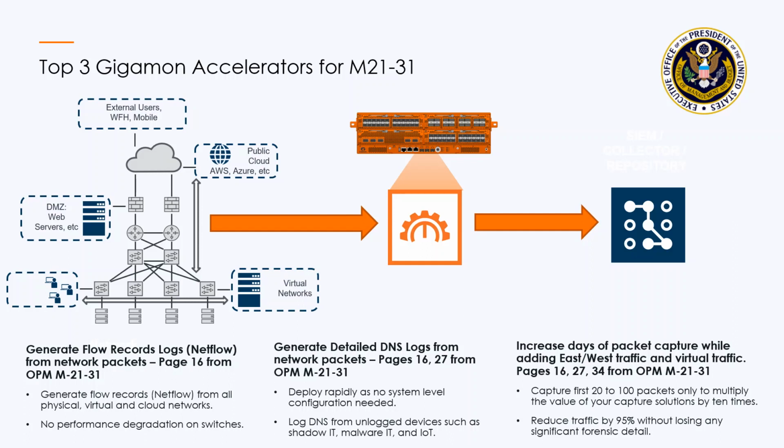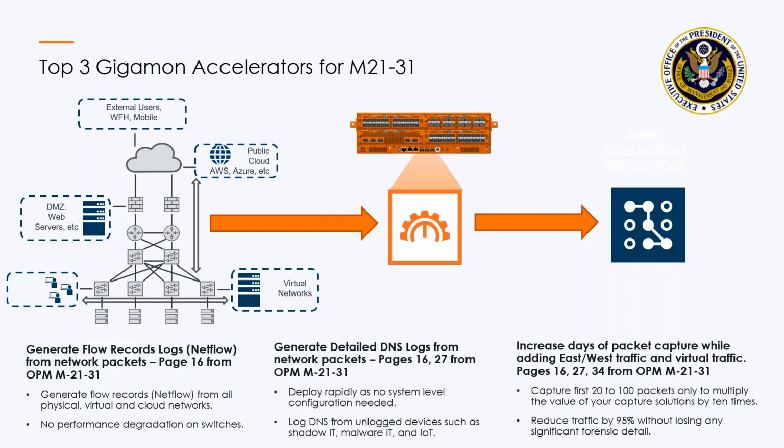The last example of a Gigamon capability is the way that we act as a force multiplier for any technology that's consuming packets to do its job. Number one on the list for this would be packet capture, as it is an information source called out by M21-31 that's very valuable and repeats often.